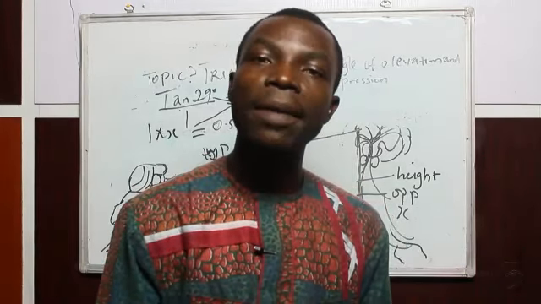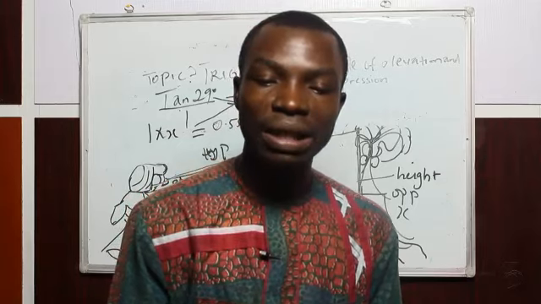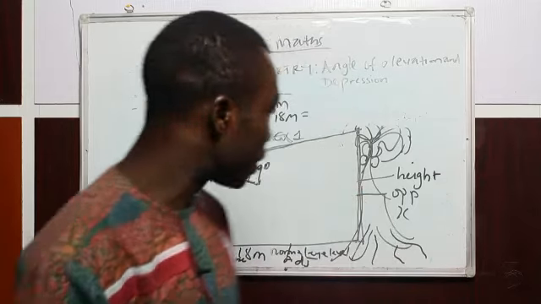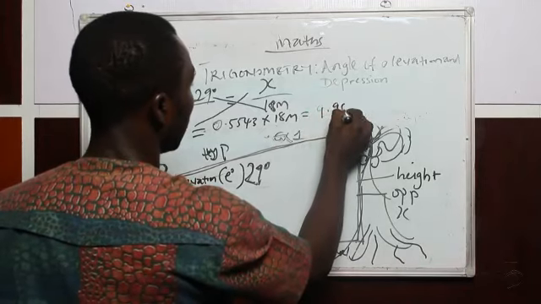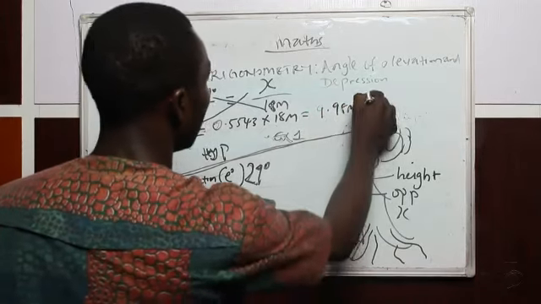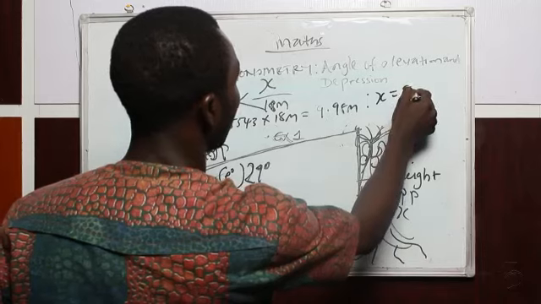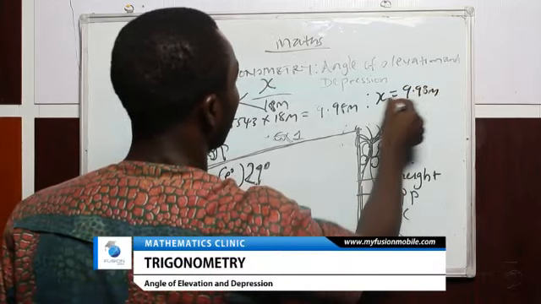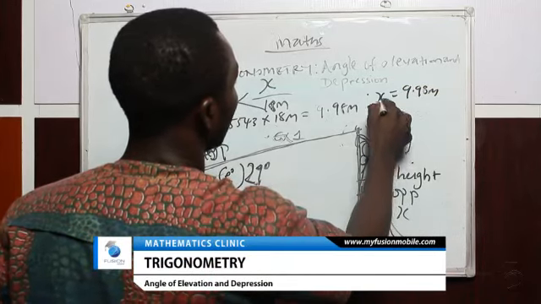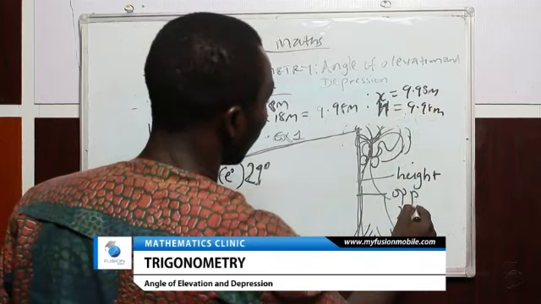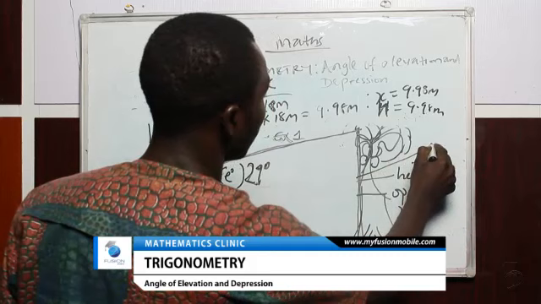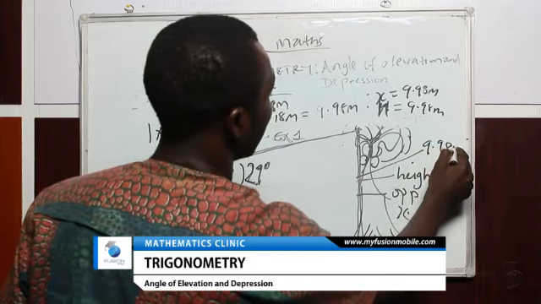The answer is supposed to be 9.98 meters. Therefore, x is equal to 9.98 meters, and our height H is equal to 9.98 meters. So here we have our height to be 9.98 meters.